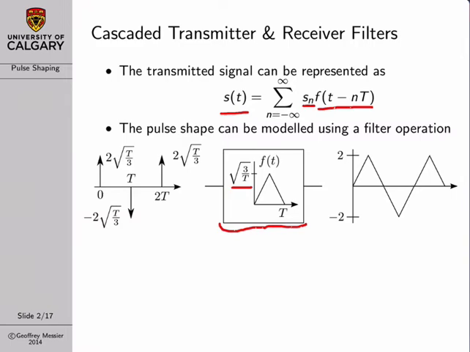In order to get a filter to produce its impulse response at its output, we have to feed an impulse into the input of the filter. At the output of the filter, we can see our transmitted information sequence is a positive triangular pulse, a negative triangular pulse, and then a positive triangular pulse.